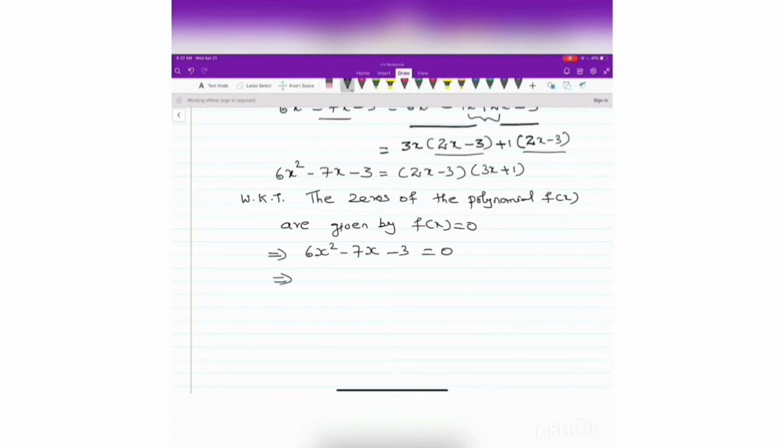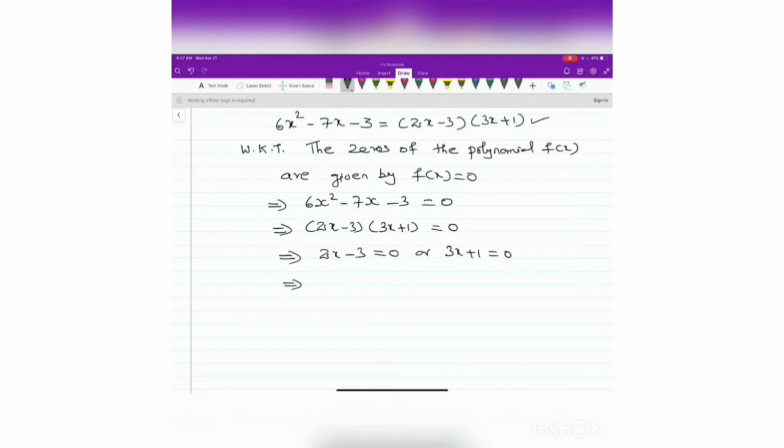Already you got 6x square minus 7x minus 3 as 2x minus 3 into 3x plus 1. So, 2x minus 3 into 3x plus 1 should be equal to 0. This implies 2x minus 3 equal to 0 or 3x plus 1 equal to 0. This will give me x is equal to 3 by 2 or x is equal to minus 1 by 3. Okay. So, I got the zeros of the given polynomial.